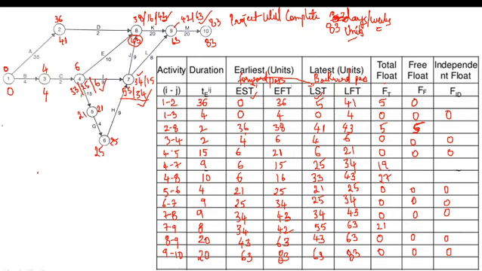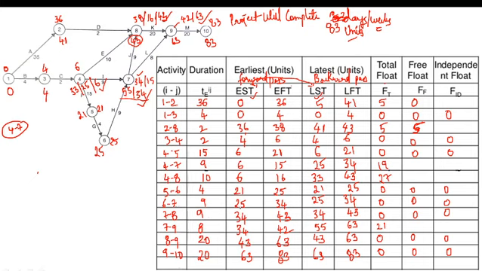So our activity is now 4 to 7. Where is 4 to 7 in the logical diagram? What is the succeeding activity of 4 to 7? After 4 to 7, we have either 7 to 8 or 7 to 9. We can take anything.